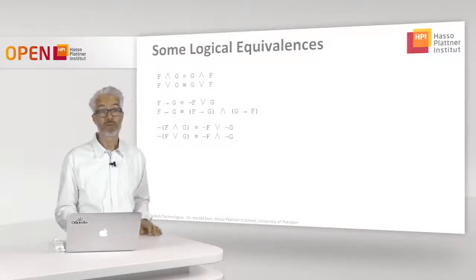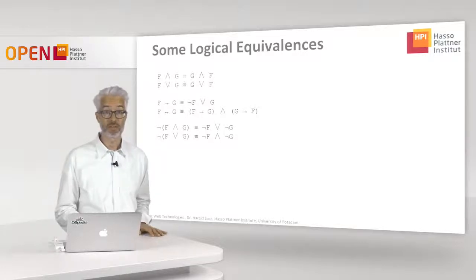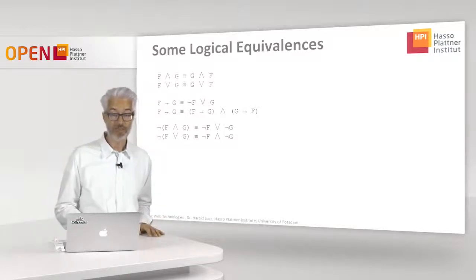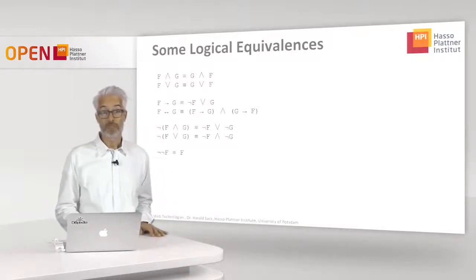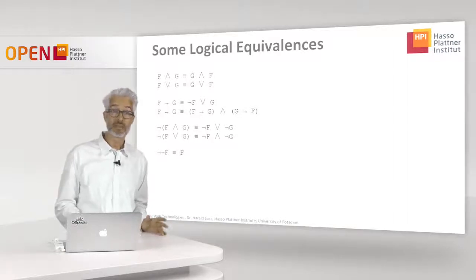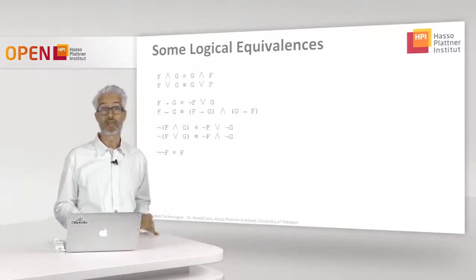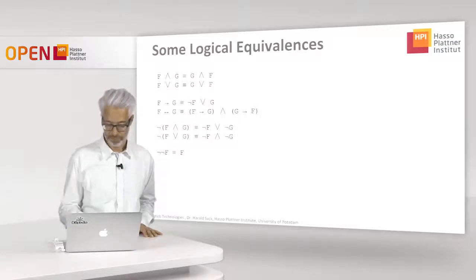And these are the so-called laws of De Morgan, named after the famous English mathematician Augustus De Morgan. And then, of course, there is also the double negation, and a double negated f means the same as a non-negated formula f.